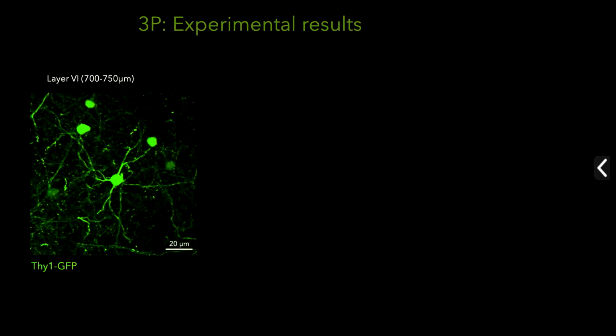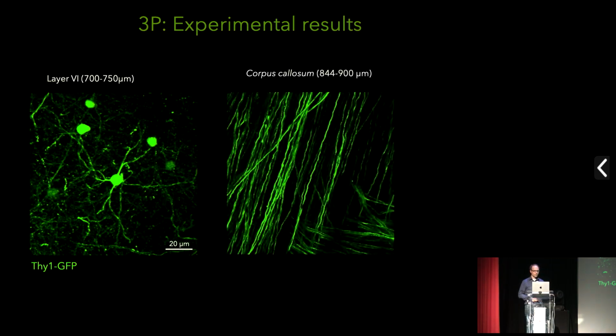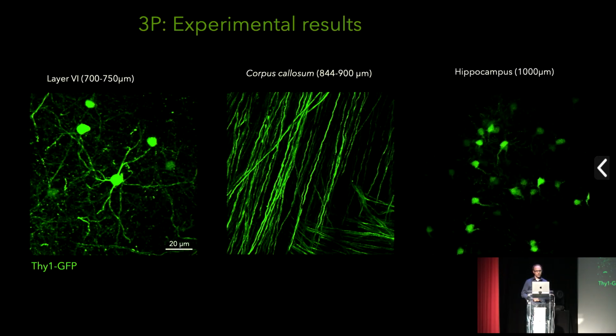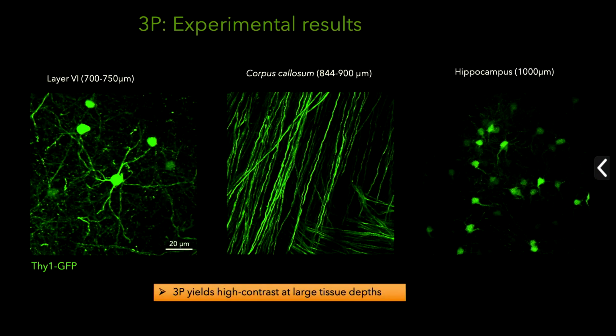And as you can see in some of the zoomed-in individual image planes, the signal and contrast is really great here in layer 6 at around 700 microns. But also further down here we see the corpus callosum fibers and also into the hippocampus. And all of these images hopefully show that the three-photon modality really yields a high contrast at large tissue depths, so before the onset of out-of-focus fluorescence.